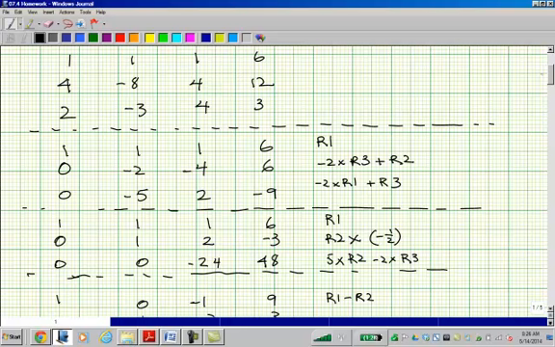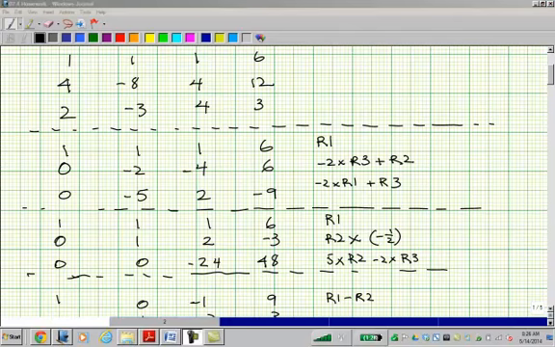Next, I'm sticking with R1. I haven't done anything to R1 yet. I take R2. I gotta pause this.